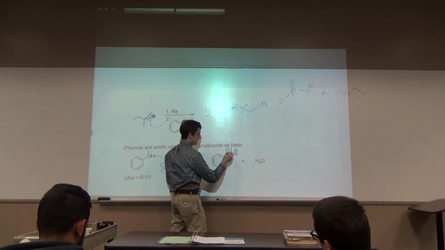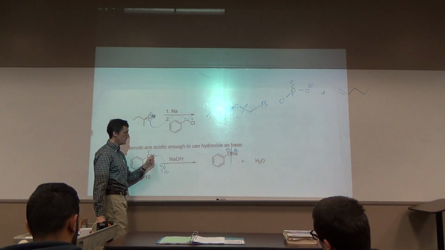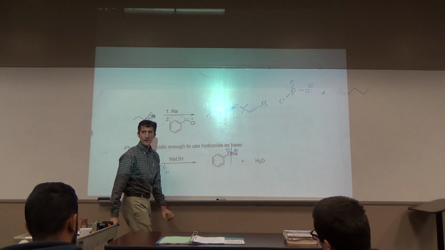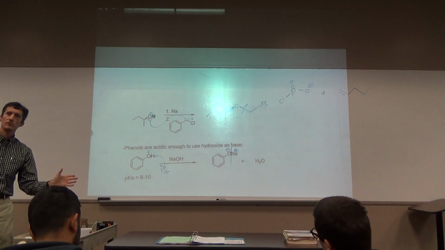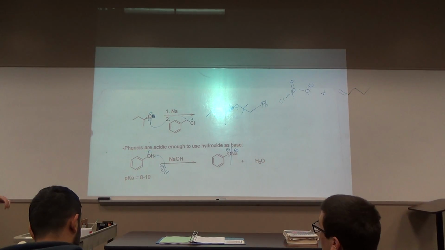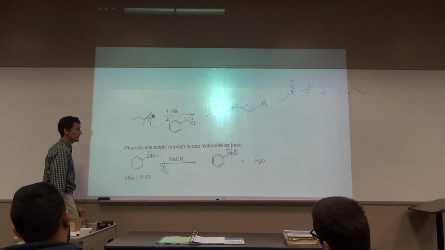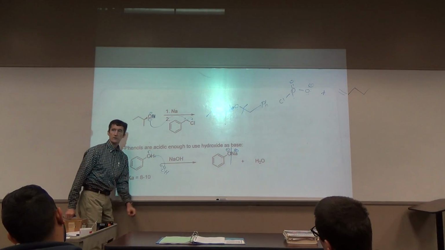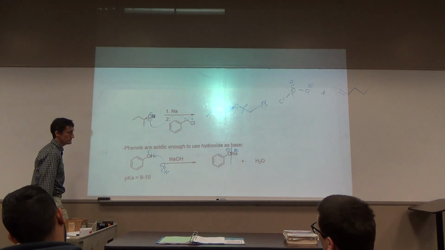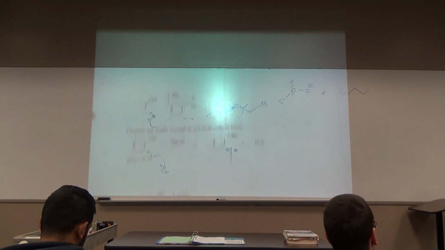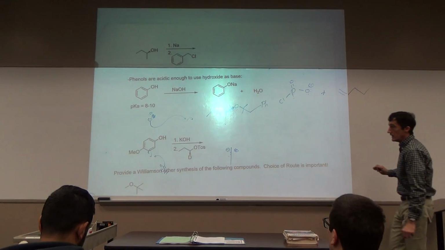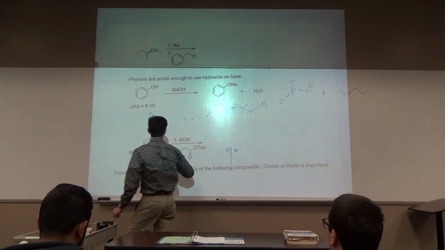What do we call this here? That's a phenol. What do you want to call the anion? Alcohol, alkoxide, phenol, phenoxide. You can generate the phenoxide using the weaker base. So, look at this reaction.